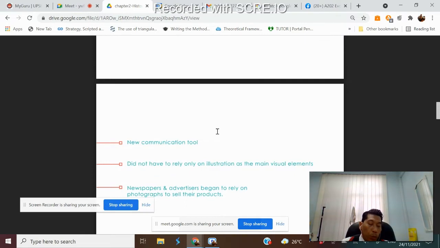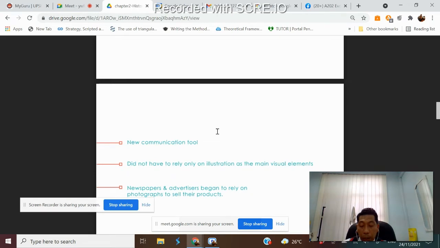And they were asking if they need to print the whole image rather than keep it separated. As I explained to them, because of the new technology today, the new printing machine, they can do the whole image printing.